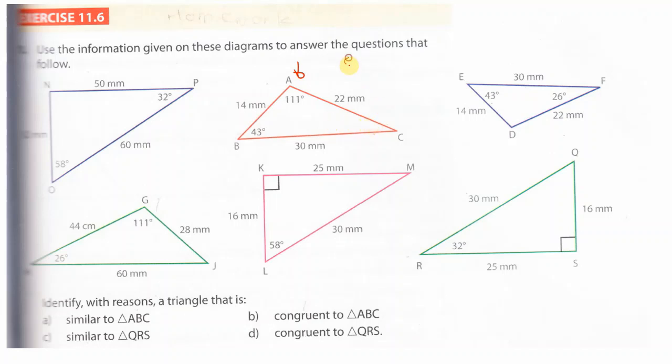So we can say angle C is equal to 180 degrees minus the 111 degrees minus the 43 degrees. This is due to angle sum of triangle, which we know is 180 degrees.